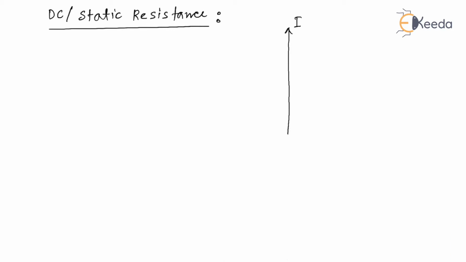On the y axis it is IF, and on the x axis it is the voltage across the diode. The characteristic looks like an exponentially increasing function, where this is the cut-in voltage.